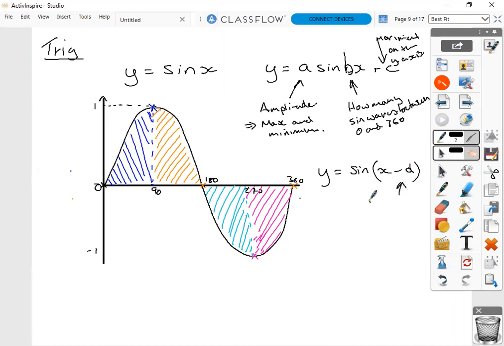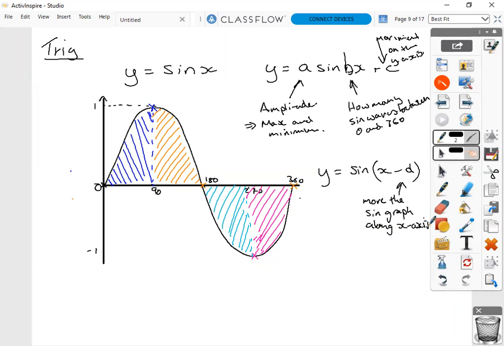that's going to move the sine graph along the x-axis. So that's going to move it horizontally.